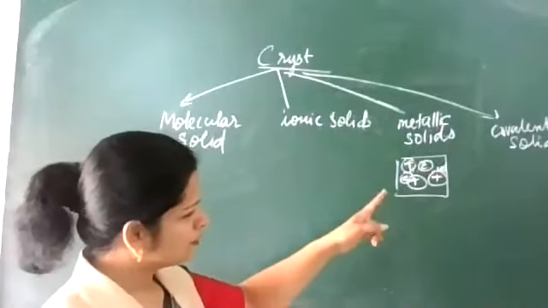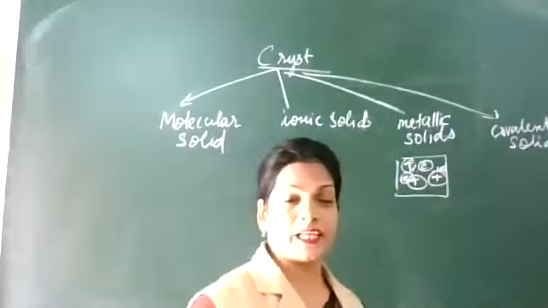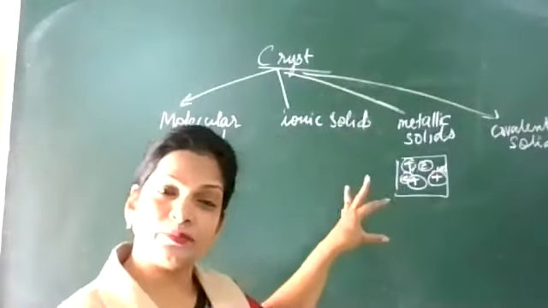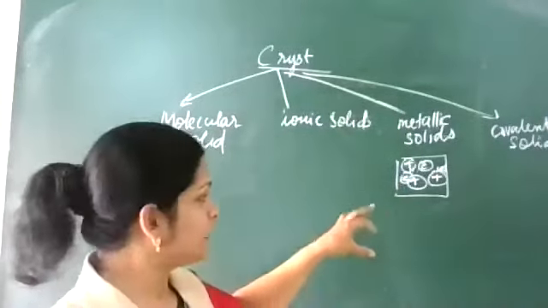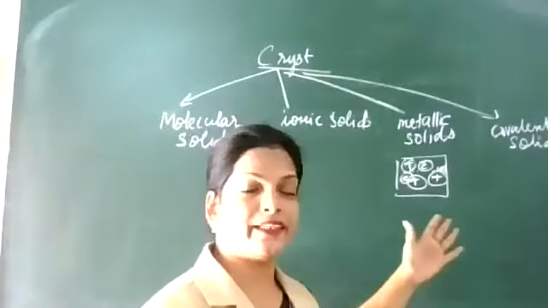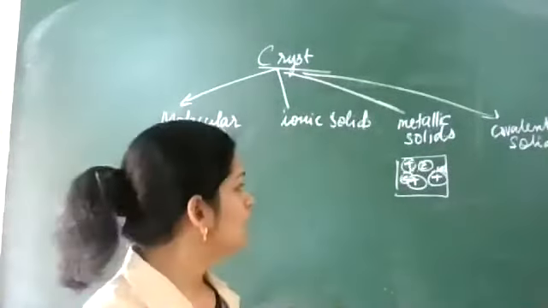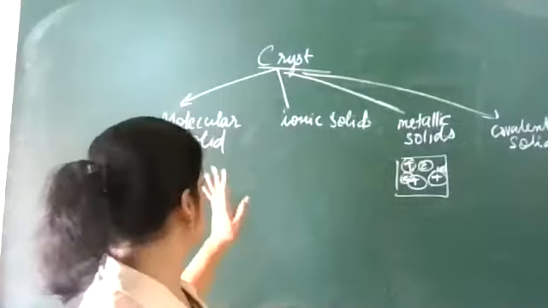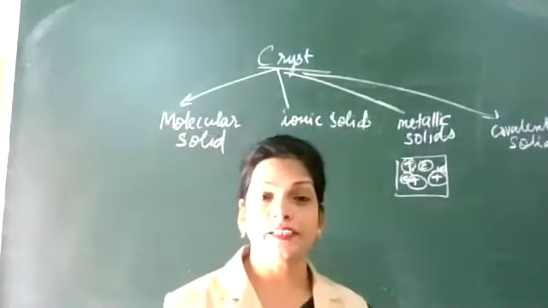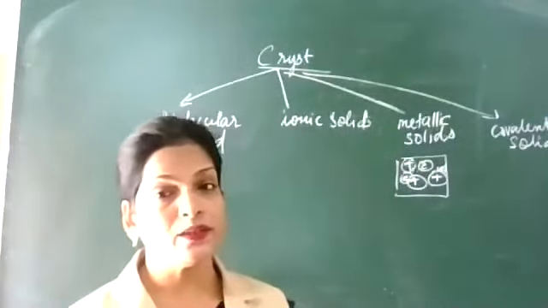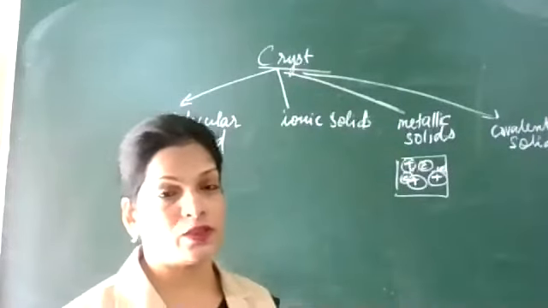Ions means after the release of electron, that positive portion, that is cation. You can say ions and electrons. So crystalline solids are classified into four categories: molecular solids, ionic solids, metallic solids, and covalent solids.